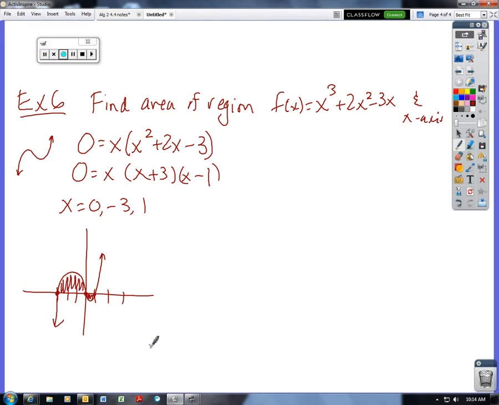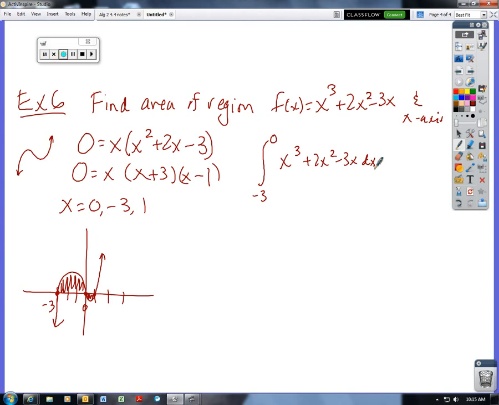So this is a situation where we actually have to write 2 integrals. We have to do them separately when we're doing them by hand. So the first one, we're going to have the integral from negative 3 to 0 of the function on top, which is x cubed plus 2x squared minus 3x dx.